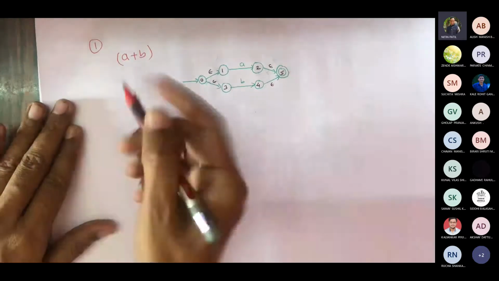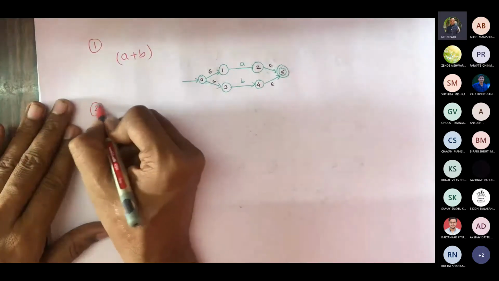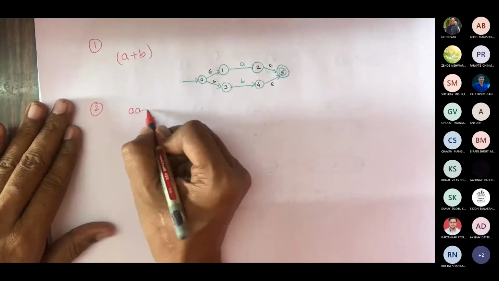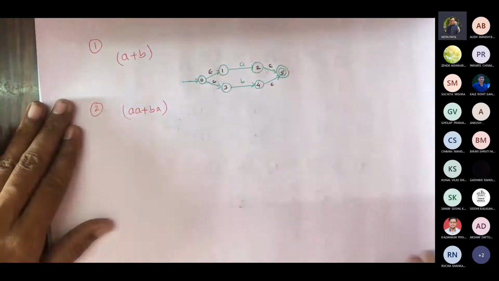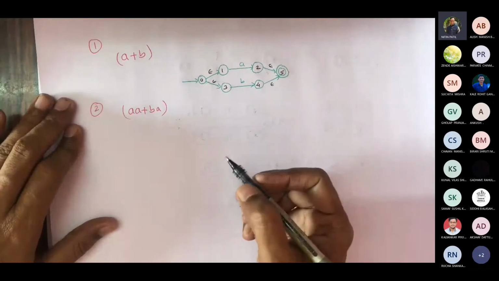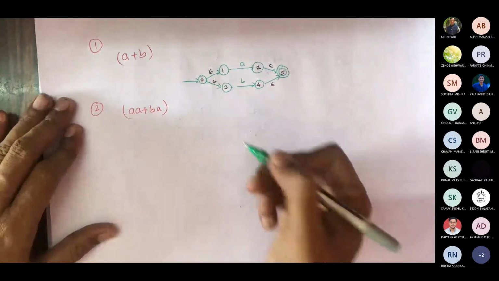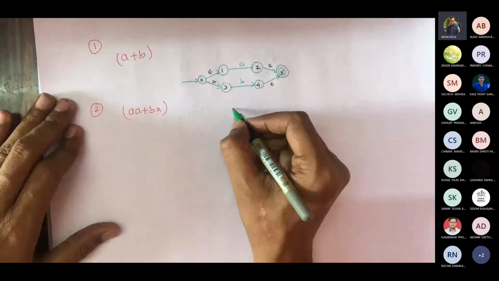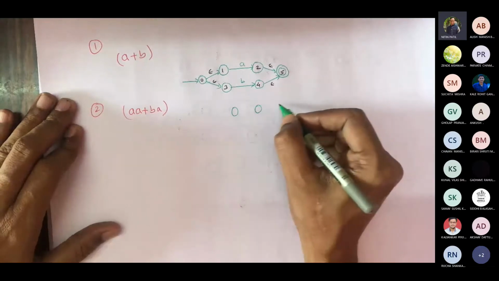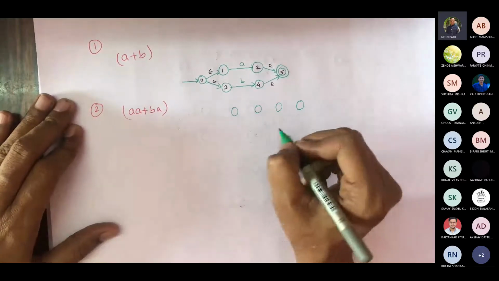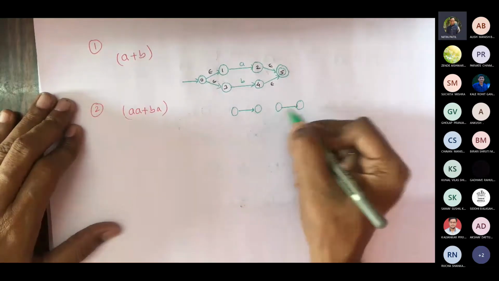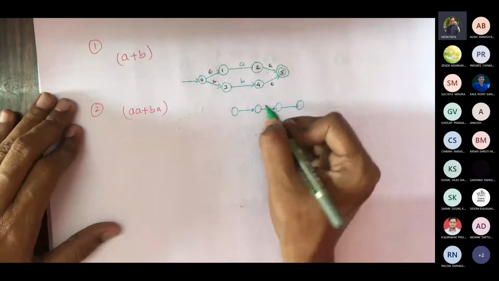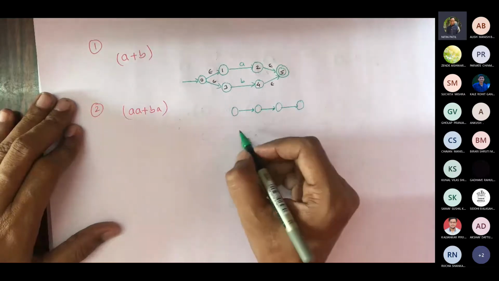Okay, let me go with the next, A plus B, BA. How would this be? This is A, this is A. This is epsilon.